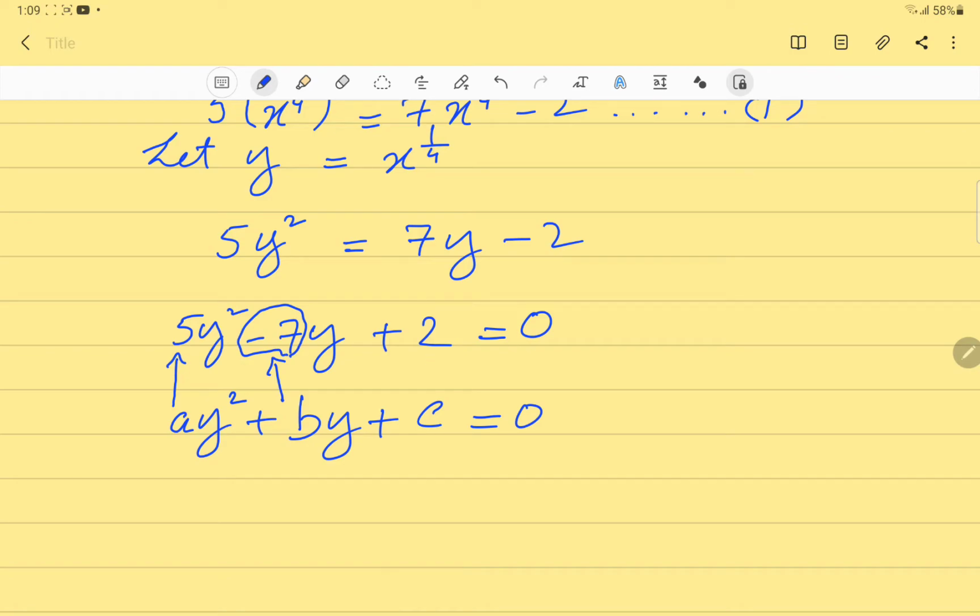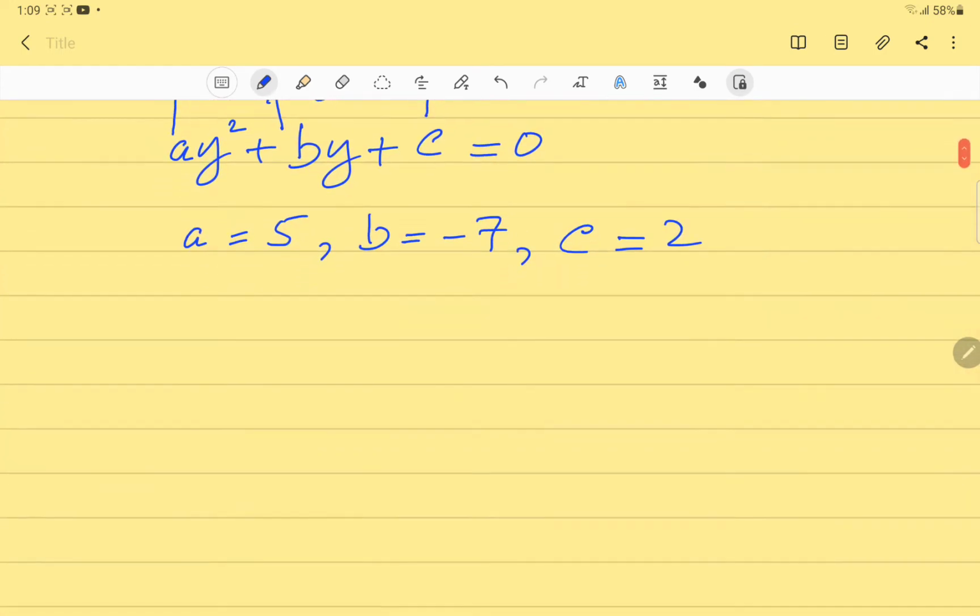Always consider the sign with the number if it is negative, and c is equal to 2. So a is equal to 5, b is equal to minus 7, and c is equal to 2.